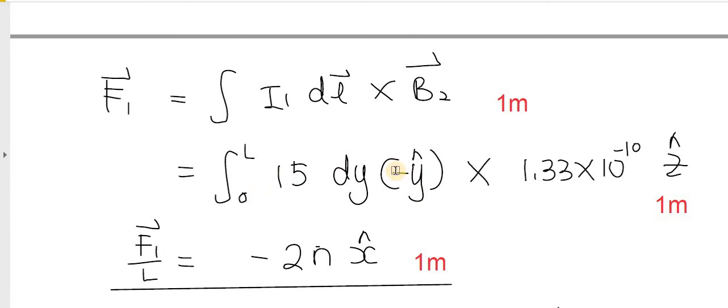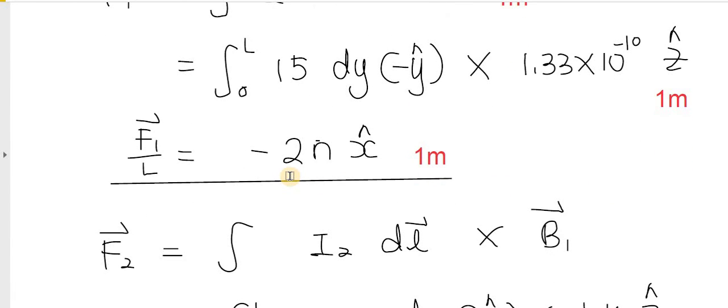It depends on you whether you want to specify the direction here or here. In this case I specify the direction of my current flow here, negative y. And this is the answer that I calculated just now, B2.